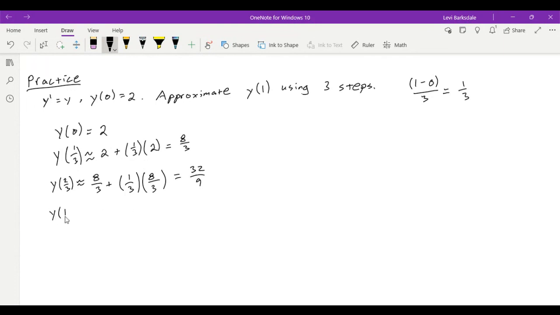And finally, we have our approximation for when x is equal to 1, and that would be our previous y value, 32/9, plus 1/3 times our slope, which is our y value, 32/9. And this evaluates to 128/27. So this would be our approximation for y of 1.